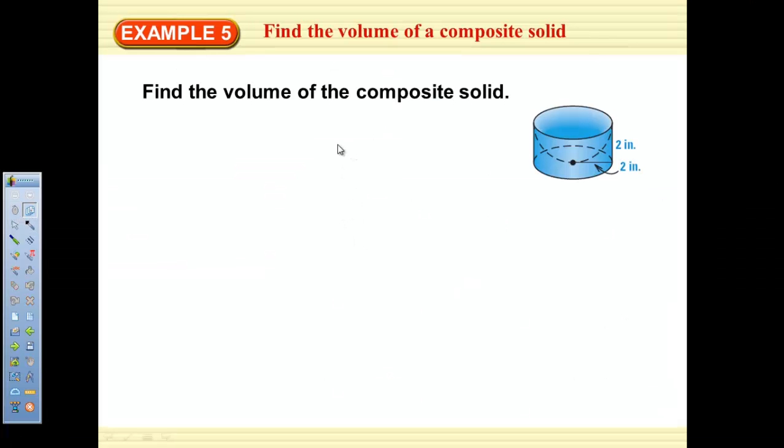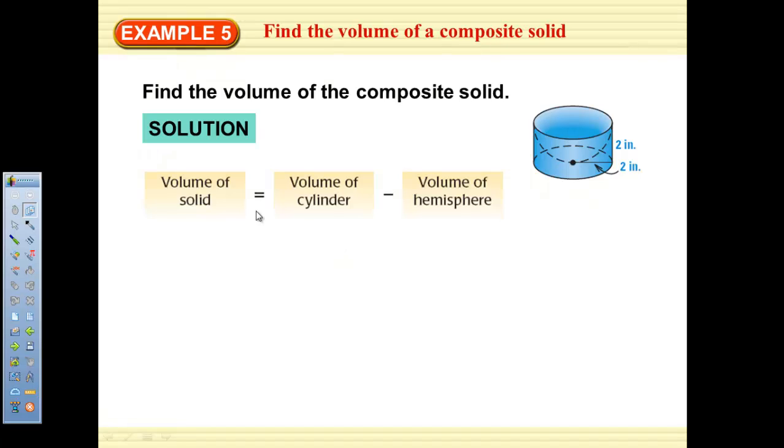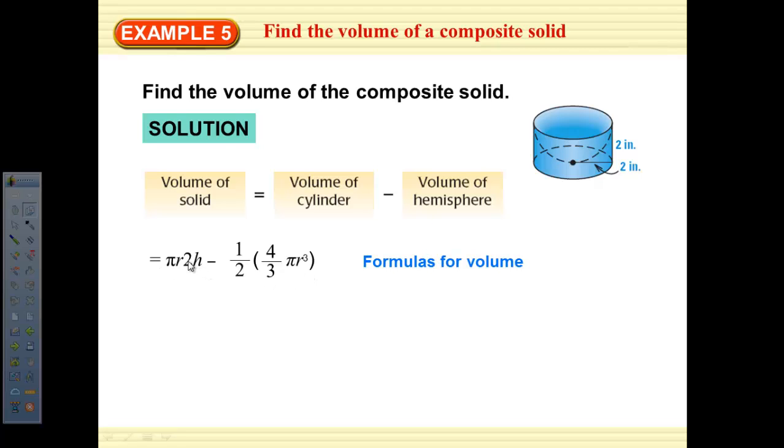So let's take a look at what they did. So volume of solid is cylinder minus hemisphere. So this should be squared, sorry, but pi r squared height, and then 1/2 times 4/3 pi r cubed.